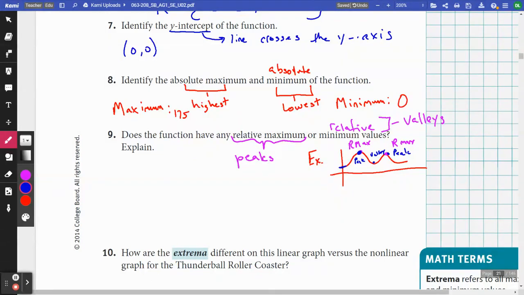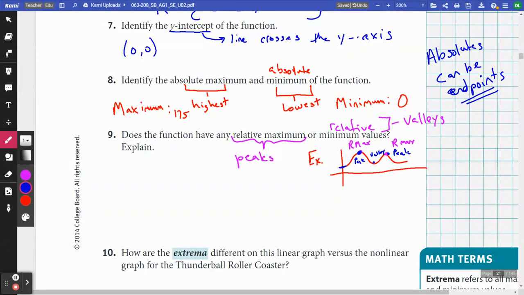Absolutes can be endpoints. Remember that. But relatives can't, because it's what it says: it's in an open interval. An open interval doesn't include the endpoints.